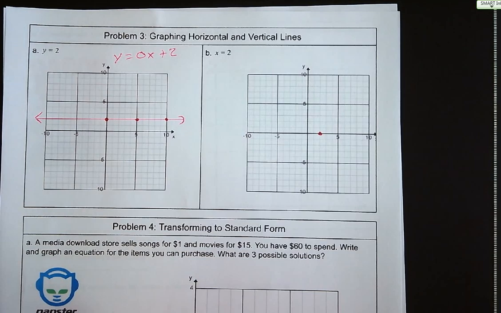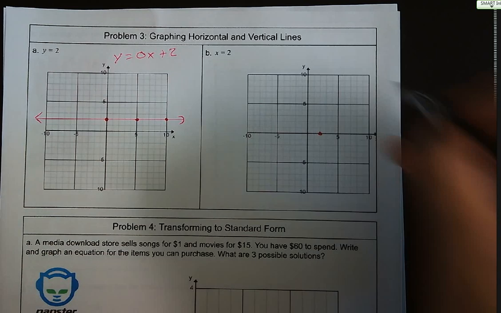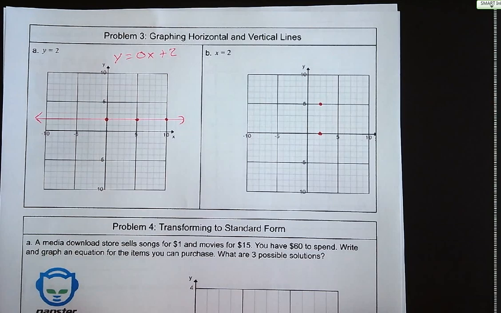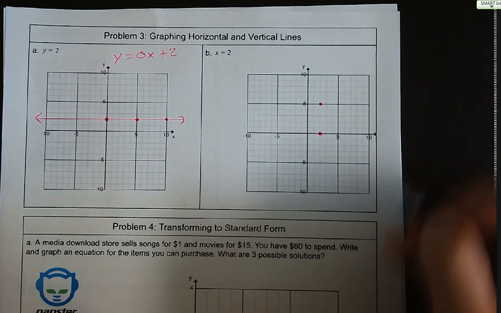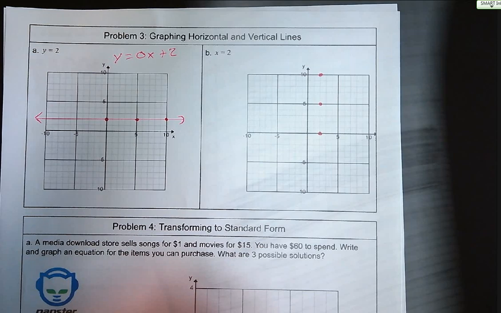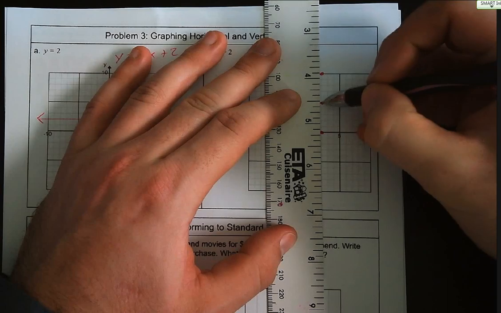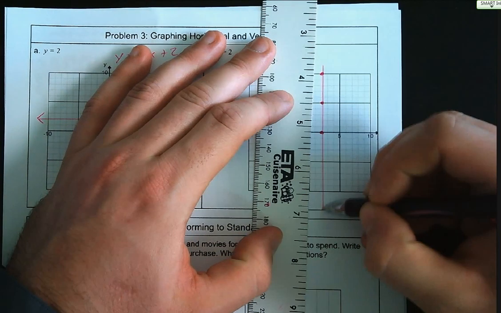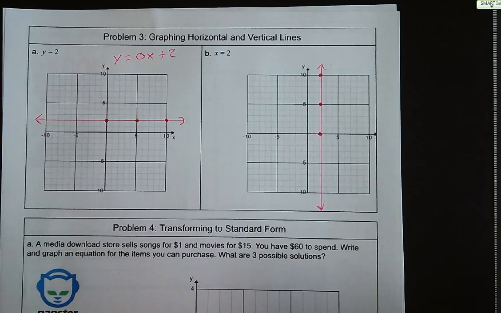It doesn't matter what we plug in. If we plugged in a positive 5 for y, there's nowhere to plug it in. X is equal to 2. If we plugged in a positive 10 for y, there's nowhere to plug it in. X is equal to 2. So it's going to be a vertical line. Make sure your line goes across the grid and has arrows on the end.